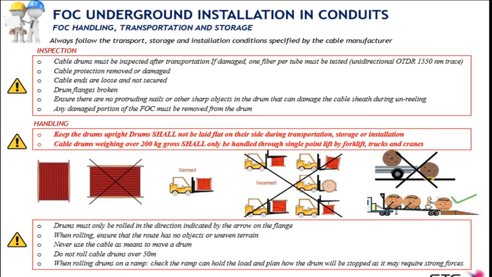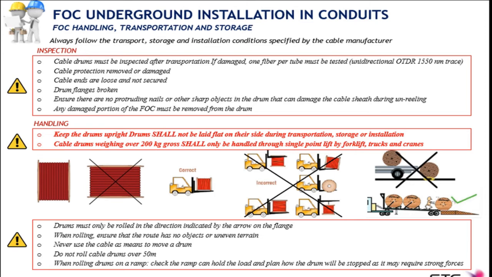When using a truck to transport drums from your warehouse to the site, you have to take some precautions. If these cable drums weigh over 200 kilograms, you cannot handle them by hand. You have to use forklifts, trucks, cranes, whatever other machinery you may have, but not by hand.